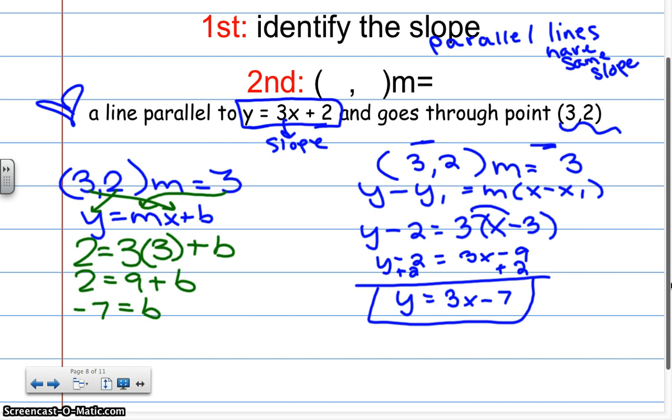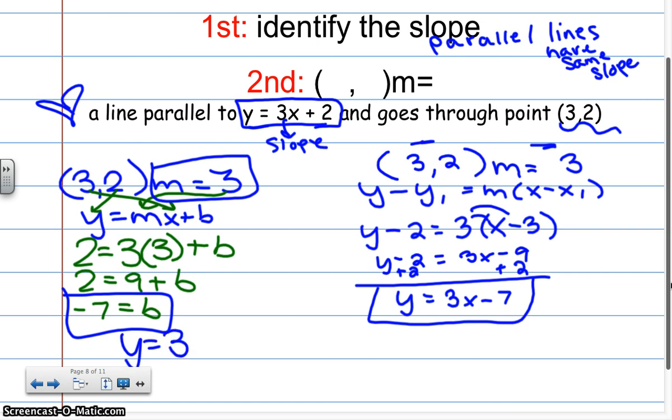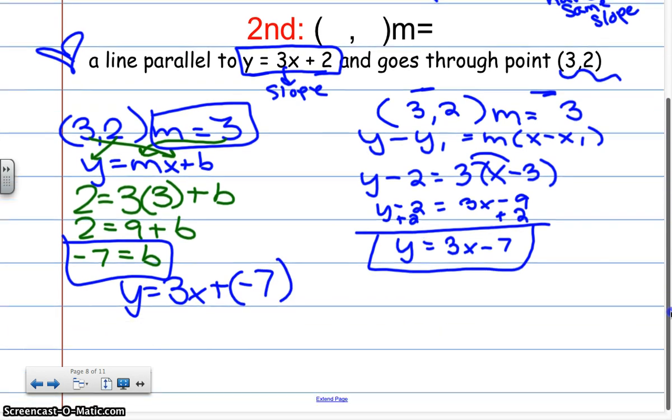And then we go back up and we identify our slope and our y-intercept and say that y is equal to our slope times x plus our y-intercept, which simplifies down more into y equals 3x minus 7. Both strategies will get you to the same point.